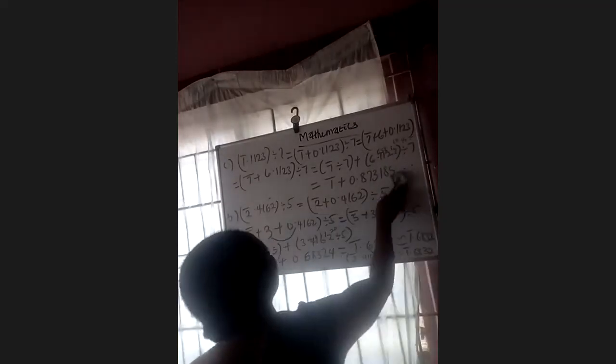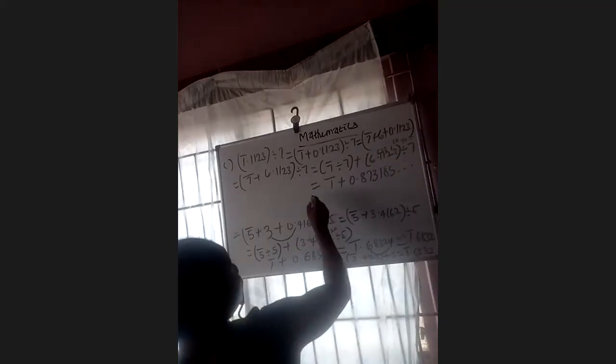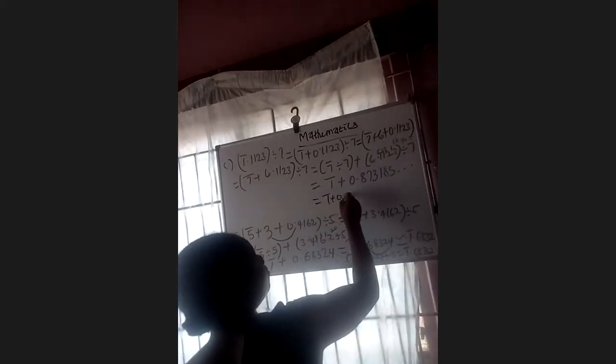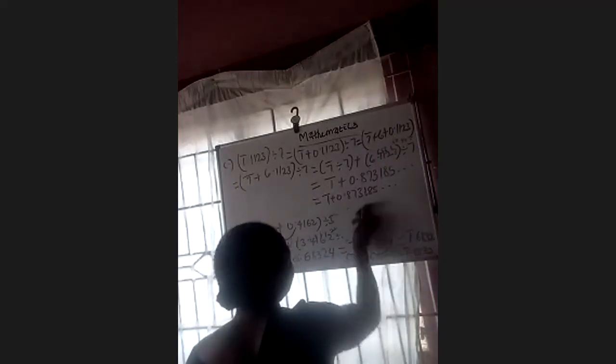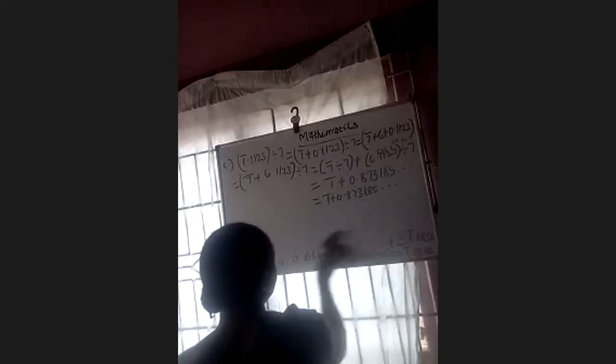So when we break this down, this is bar 1 plus 0.873185. We cannot have more than 4 numbers after the decimal point because we are dealing with logarithm.